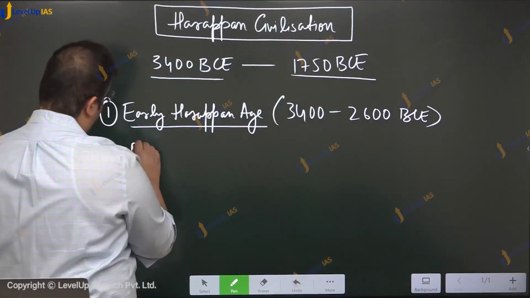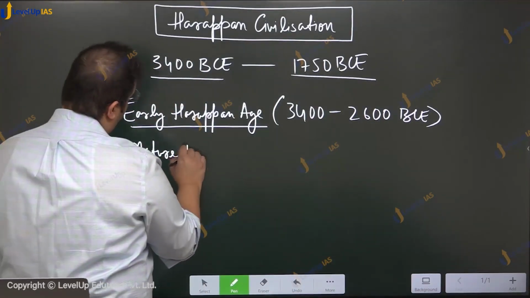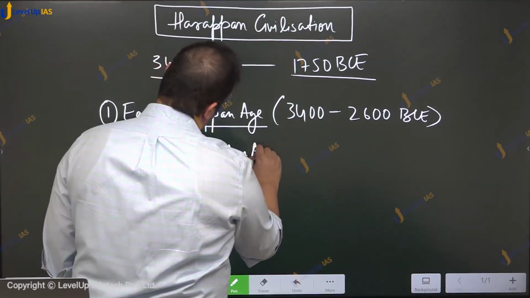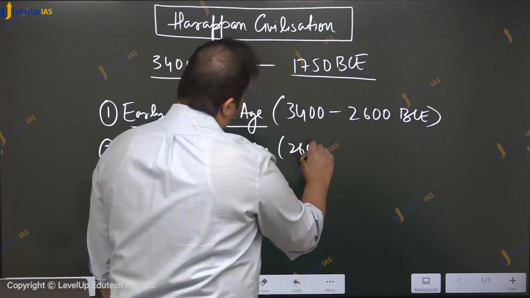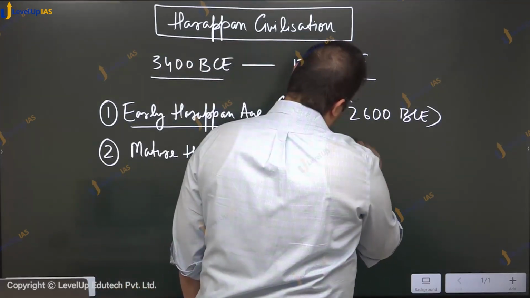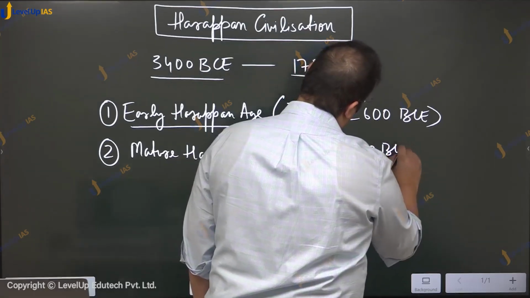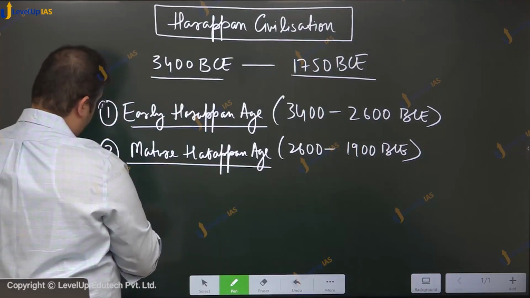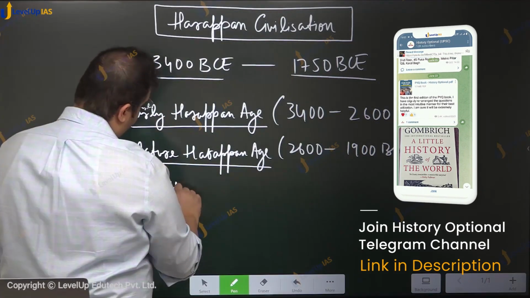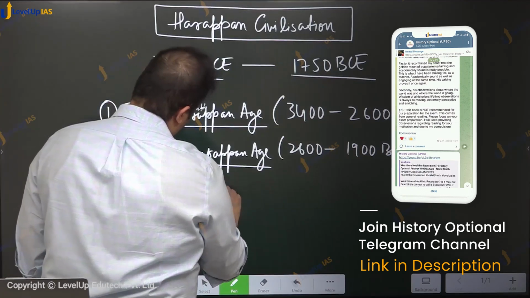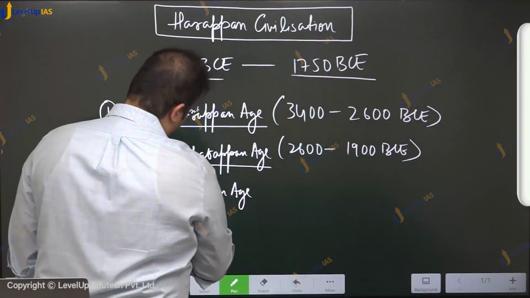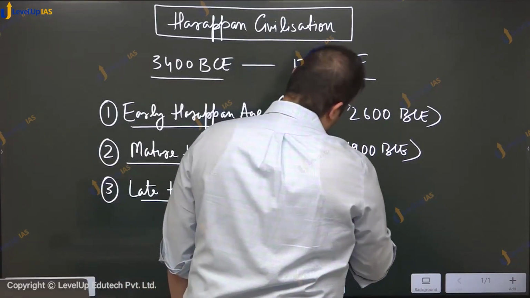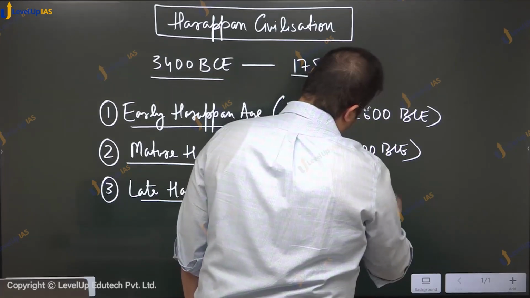The mature Harappan age, from 2600 to, let's say, 1900 BC, and the late Harappan age, from 1900 to around 1750 BC.